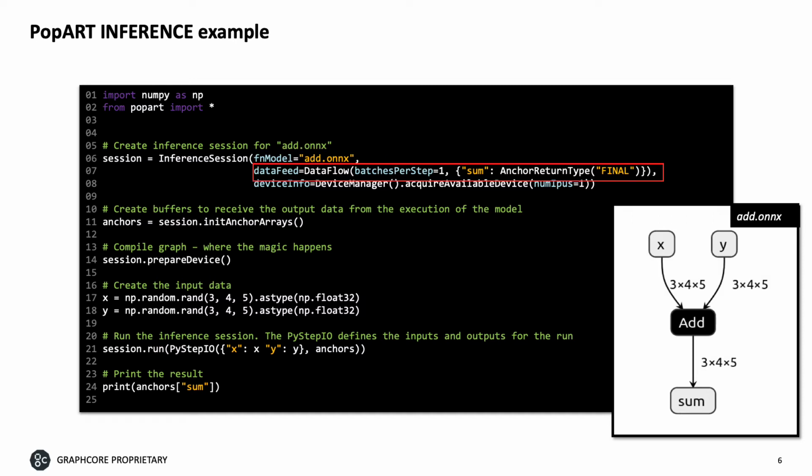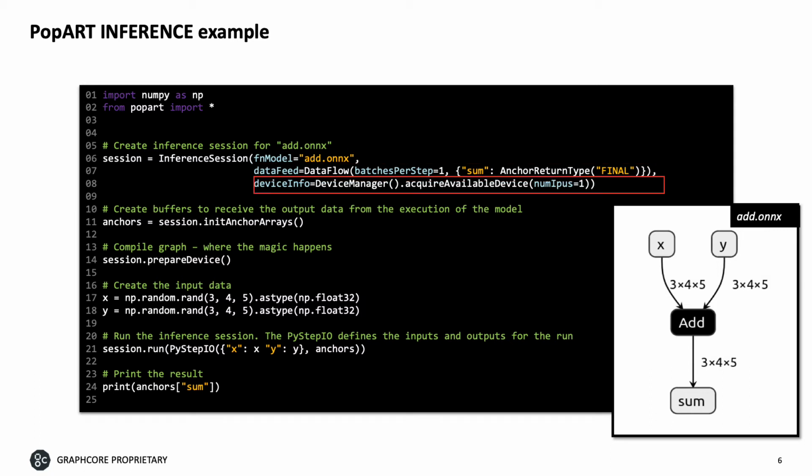Then we create a data flow object to tell PopART which node is the output node. The batches per step means how many batches of data will be processed in the IPU before returning the result back to the host.